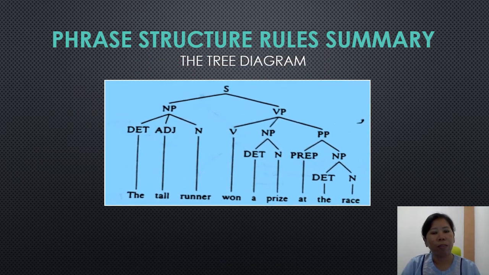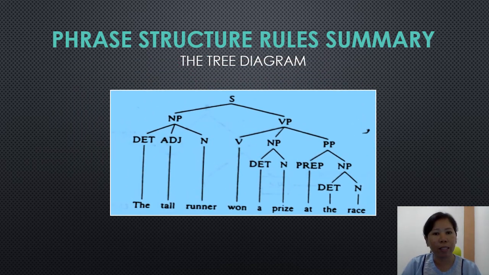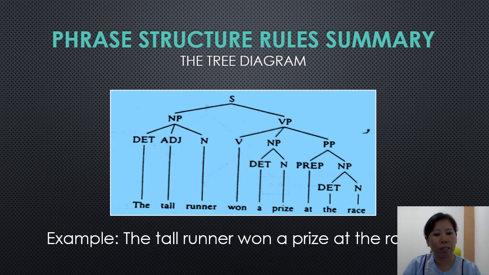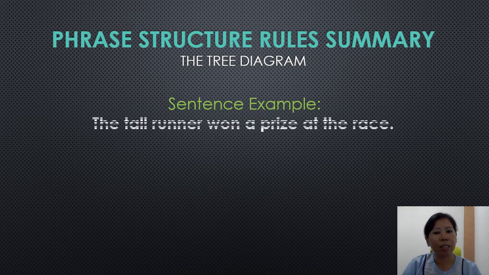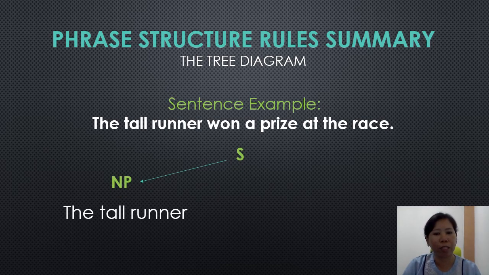Now, let's take a look at the phrase structure rule tree diagram in this sentence. The tall runner won a prize at the race. This sentence contains a noun phrase and a verb phrase.